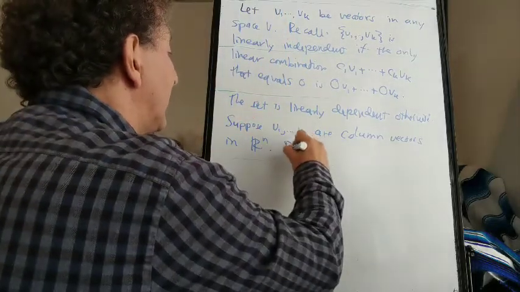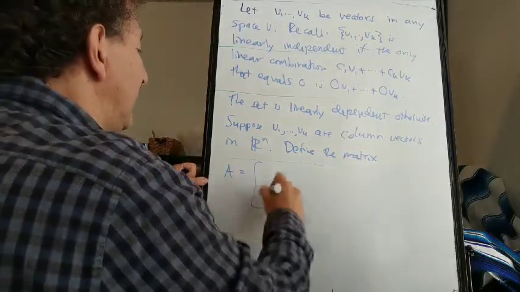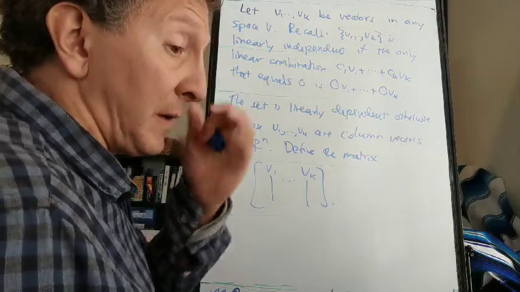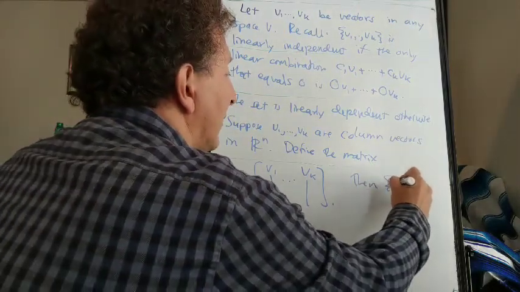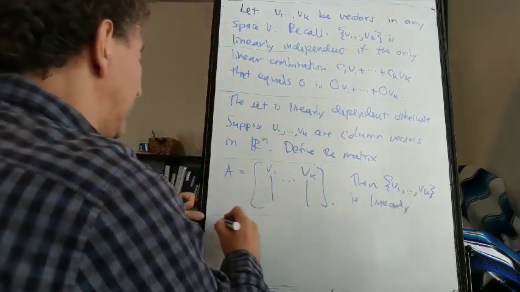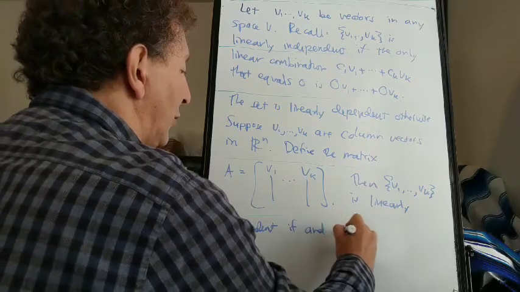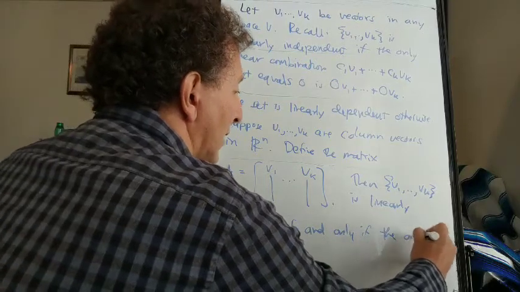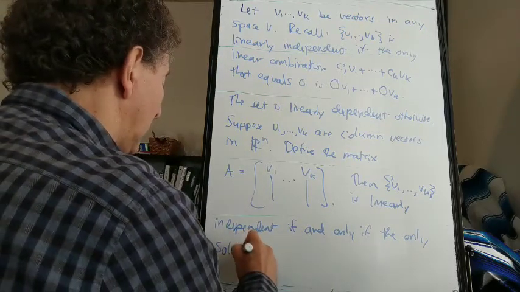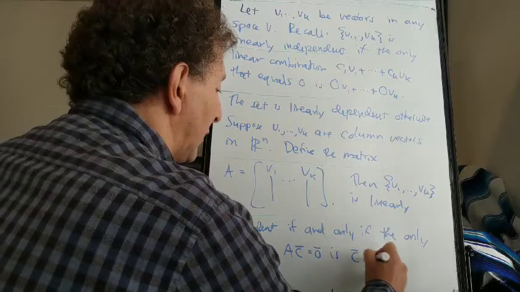And let's define the matrix A to be the matrix that has v1 in its first column, v2 in its second column, etc. Then the set v1 through vk is linearly independent if and only if the only solution to A c bar equals 0 is c bar equals 0.